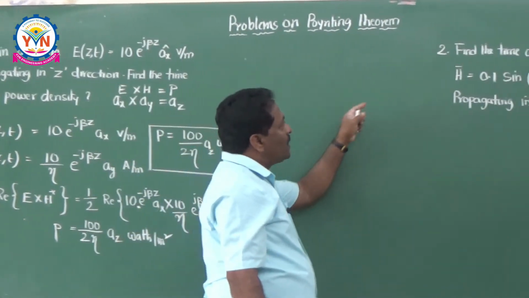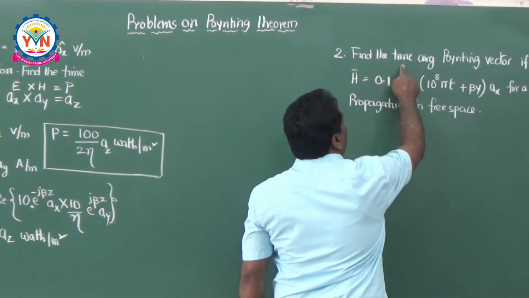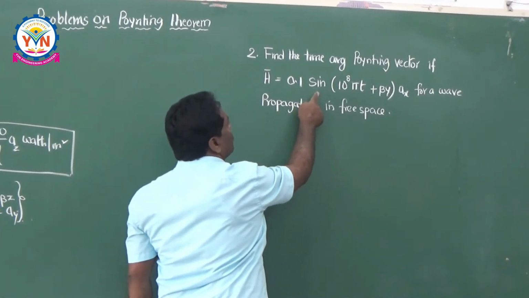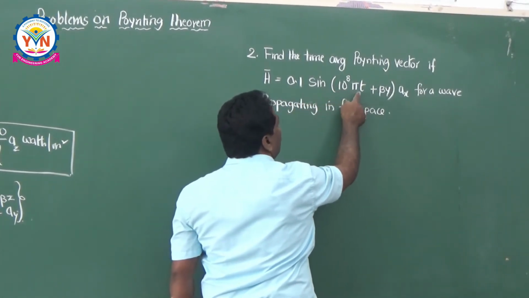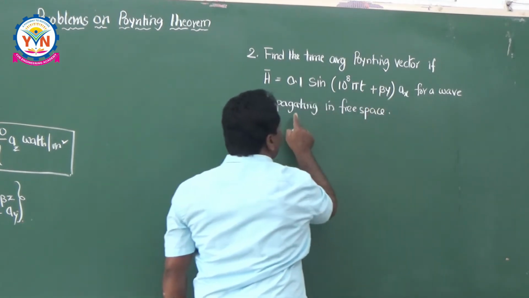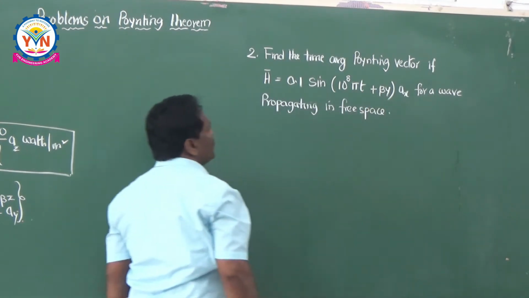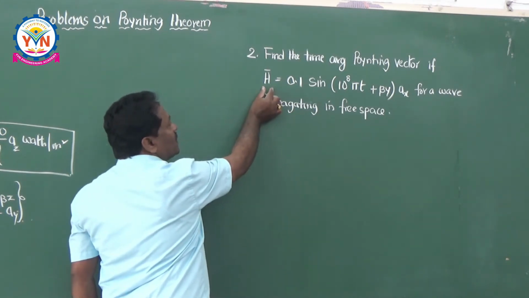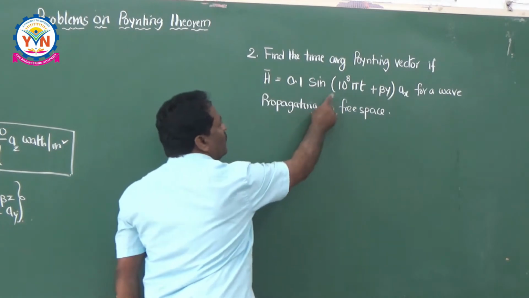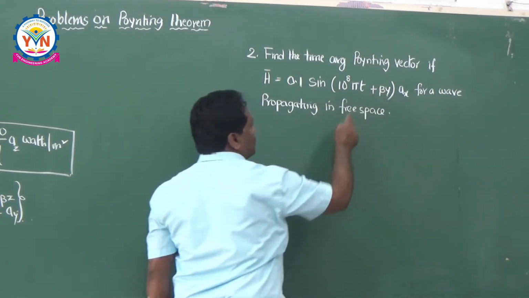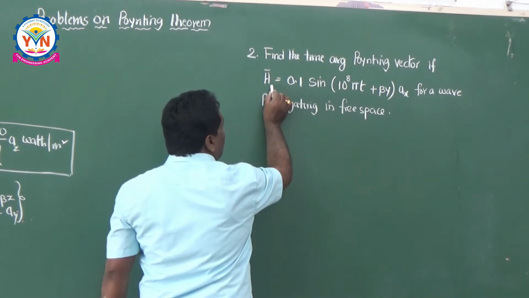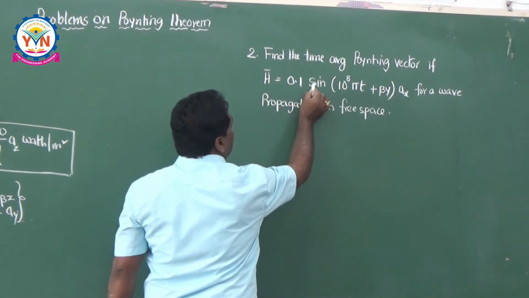Coming to the second problem: find the time average Poynting vector if H bar is equal to 0.1 sine of 10 power 8 pi t plus beta y into a_x, for a wave propagating in free space. Just by saying this, you can understand the magnetic field intensity is in the x direction and the wave is propagating in the minus y direction. So you can write the electric field equation by knowing its direction.